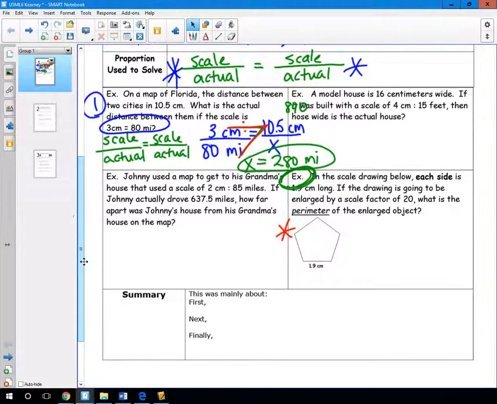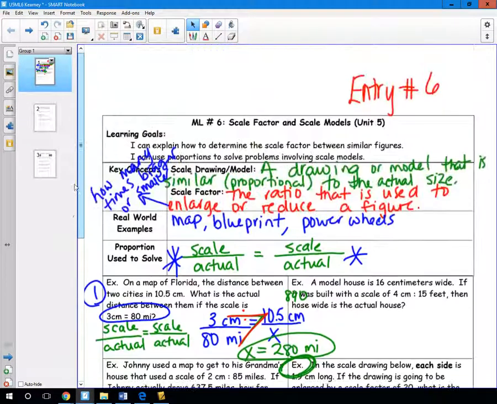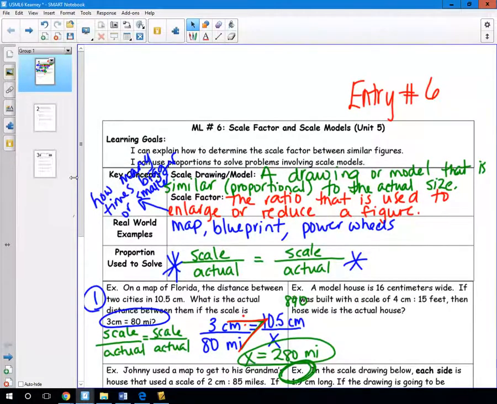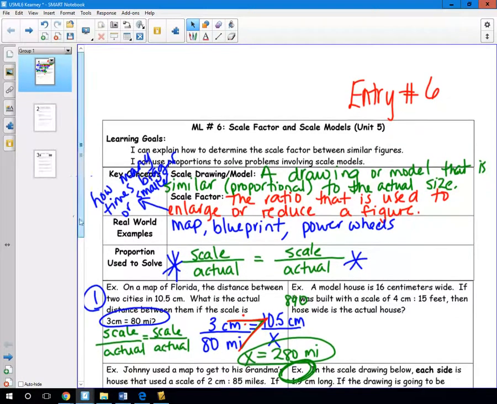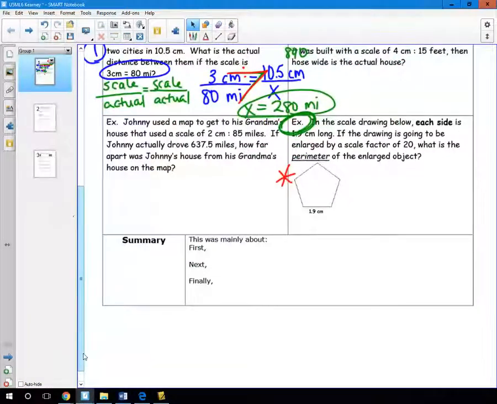So this one says, in the scale drawing below, each side is 1.9 centimeters long. If the drawing is going to be enlarged by a scale factor of 20, what is the perimeter of the enlarged object? So basically, I'm going to come back up here and remember that we said scale factor was how many times bigger or smaller something was. So when I see the keyword scale factor of 20, that means I'm going to make something 20 times bigger.